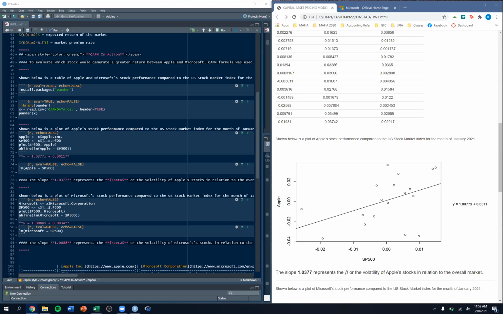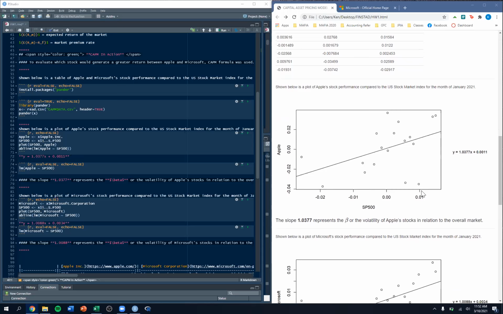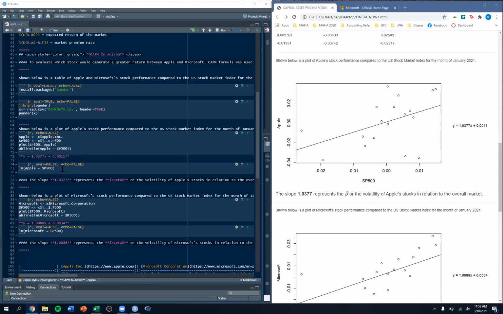Okay, please continue. Then we also put abline, open close parenthesis, LM, which is linear model, to have the linear line here. Below the code we also have LM Apple, then SP500. That's only to see the solution and check whether the slope we got is correct.